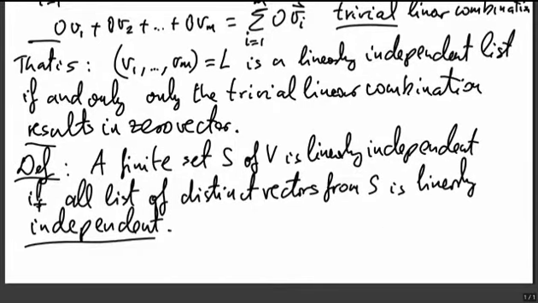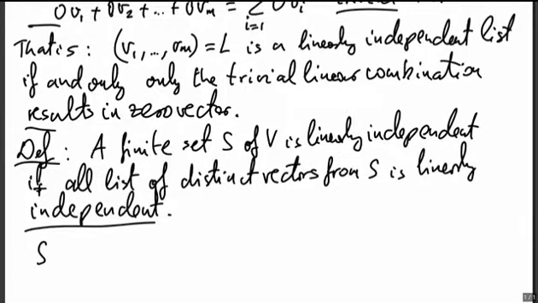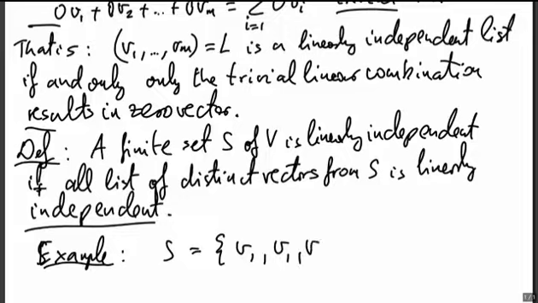So a few comments about this. Let me remind everybody that as an example, we could have a set S with repeated elements v1, v1, v2. We don't usually do this, but this is not against the definition of a set. But then this set is the same as v1, v2. So we don't usually write out repeated elements.